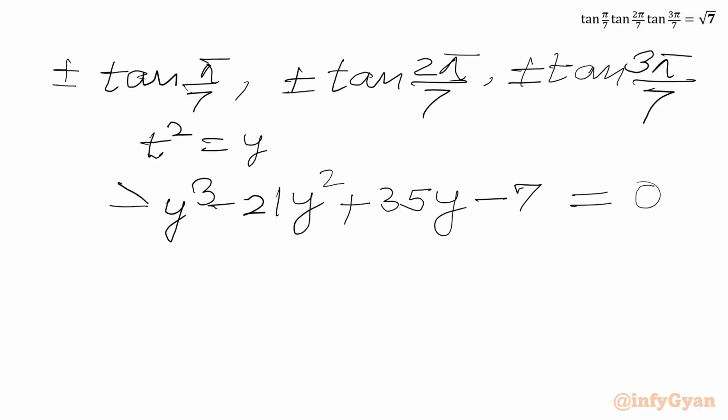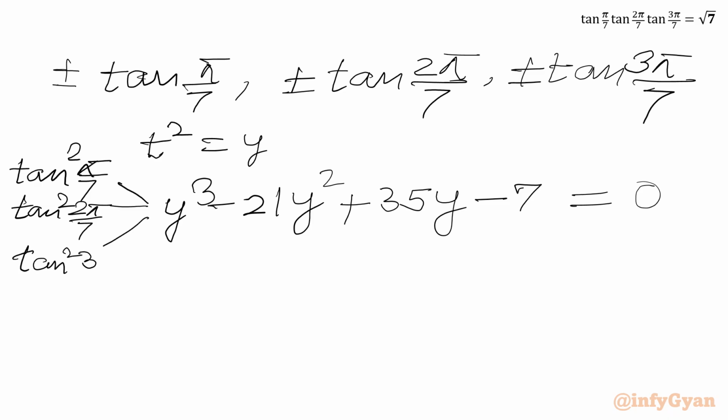Roots for this equation would be tan square pi over 7, tan square 2 pi over 7, and tan square 3 pi over 7. Now we are going to use Vieta's method.